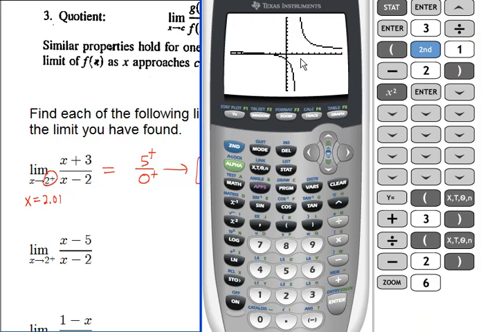We're coming from the right-hand side of 2, so that would be this right branch over here. And as my car drives up the curve, I'm driving up towards infinity. So that graphical depiction does verify our conclusion. You can always graph these as well, but I try to do them as much as I can algebraically so that I don't have to pull up this calculator every time.